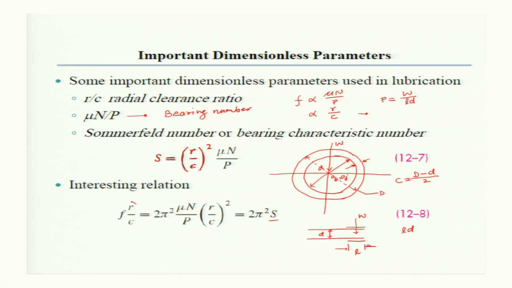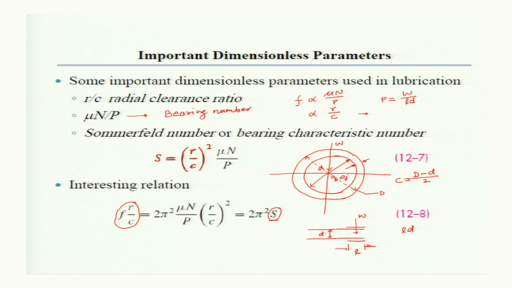It means f is the coefficient of friction, a non-dimensional parameter, and R by C is also non-dimensional, so this complete term is a non-dimensional number proportional to the Sommerfeld number.